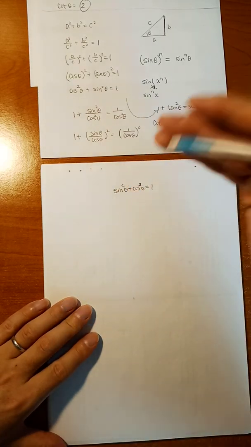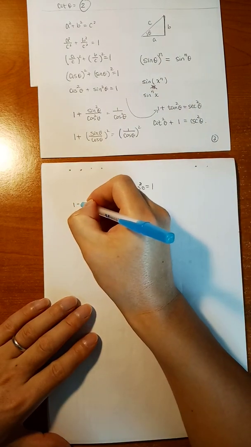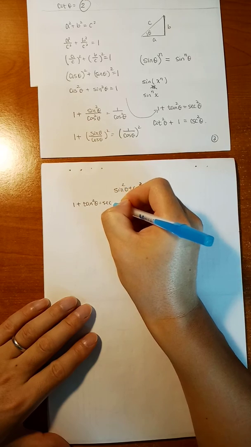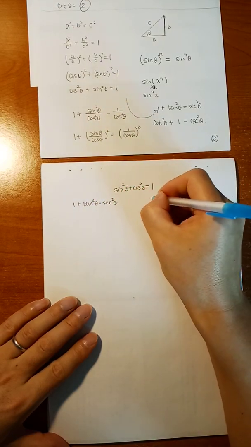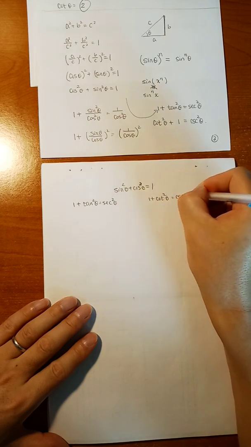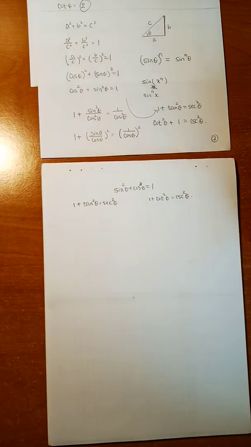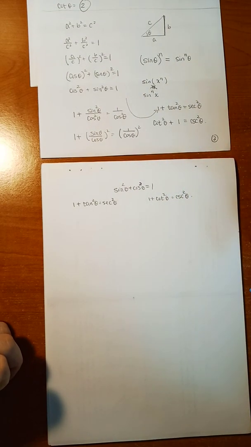And then you divide it by cosine squared or divided by sine squared, you have 2 equivalent formulas. 1 plus tangent theta squared is secant theta squared, or 1 plus cotangent theta squared is cosecant theta squared. These 3 formulas are equivalent, but we always start from sine squared plus cosine squared equal to 1. Right?